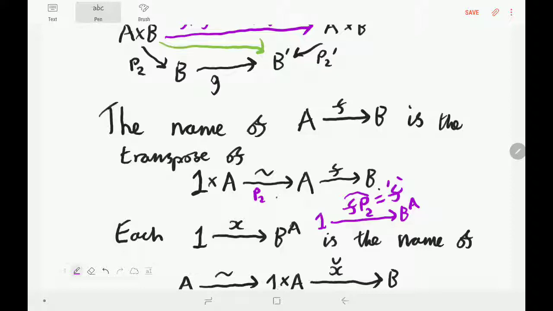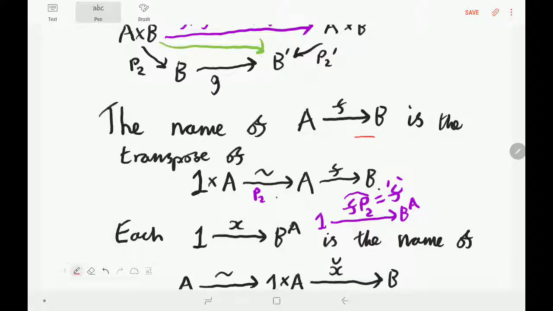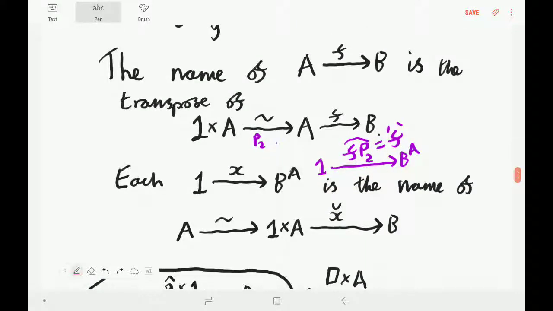So that's a point of the exponential object, which really represents this arrow f from A to B. So that's how we can go from an arrow to a point of our exponential object.